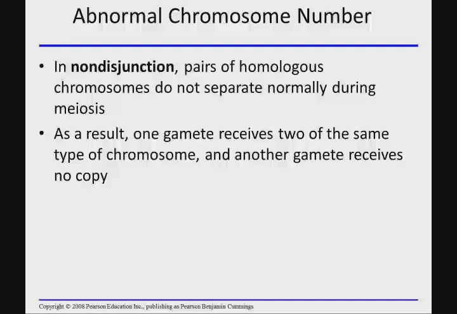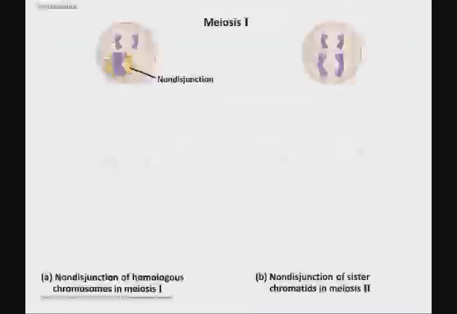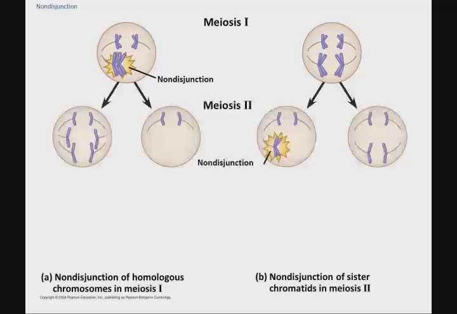So nondisjunction is one of our common sources of gross mutation, where we're going to get the wrong number of chromosomes. A nondisjunction is a mistake during meiosis. So literally the chromosomal pairs don't separate from each other, or we don't have a separation of two sister chromatids in meiosis II.